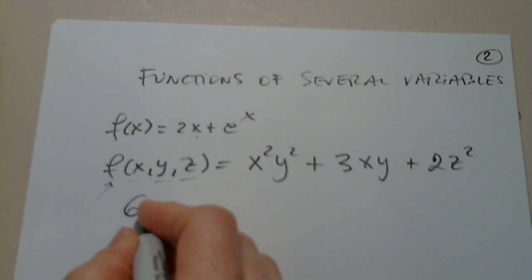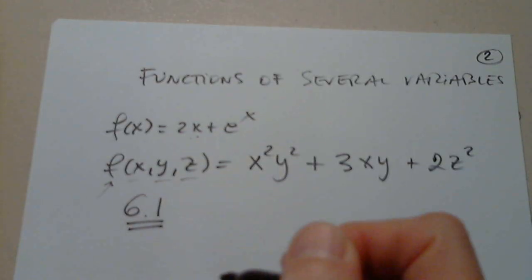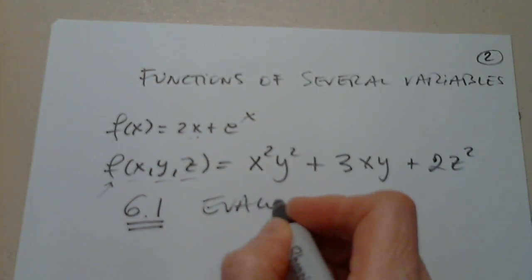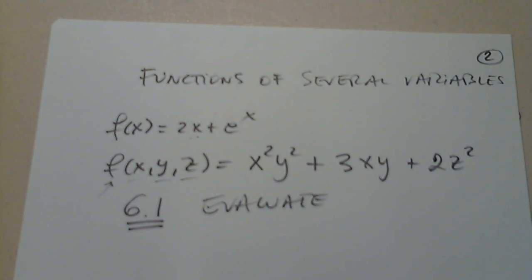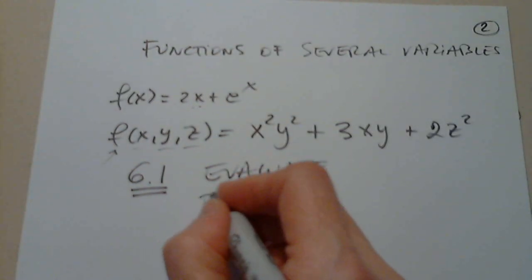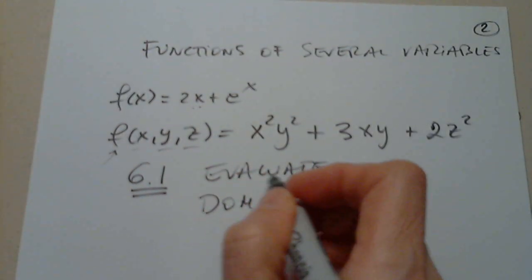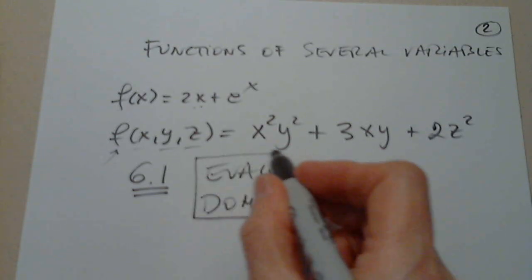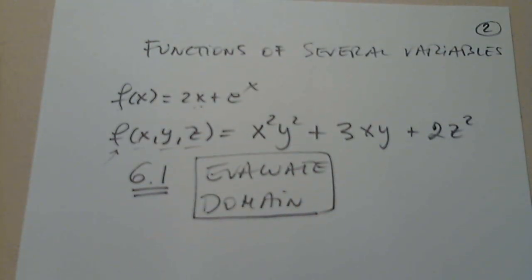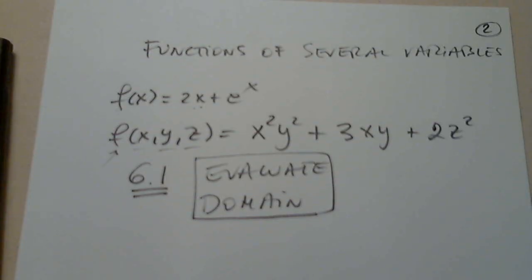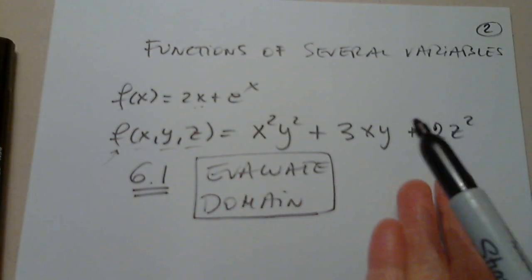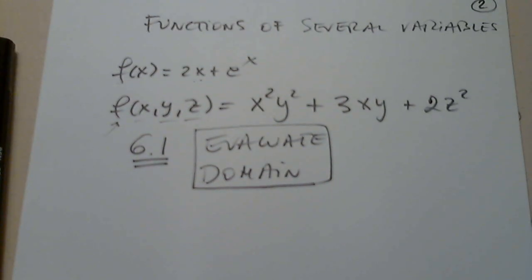So in section 6.1, we are only learning how to evaluate these functions and find domain. That's all we're going to deal with in 6.1. So here's an example. I just gave you an example with f of x, y, z.